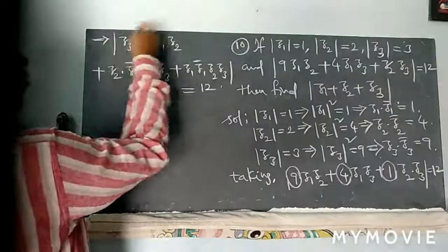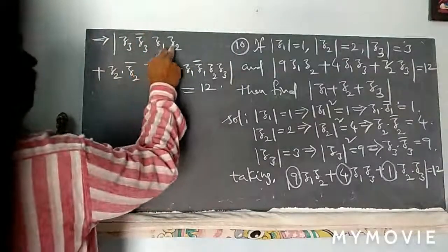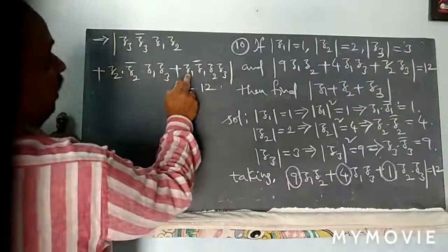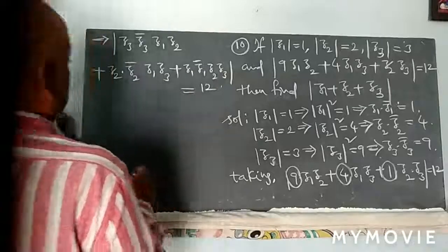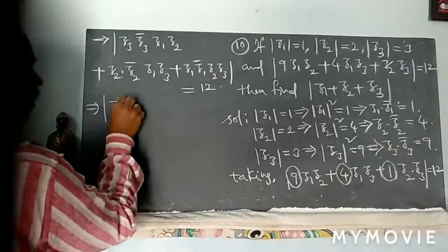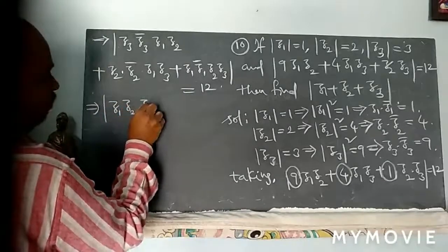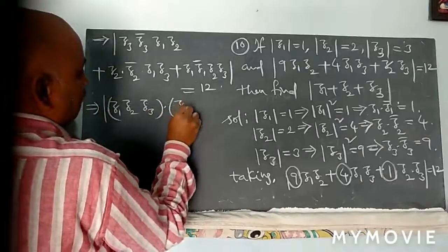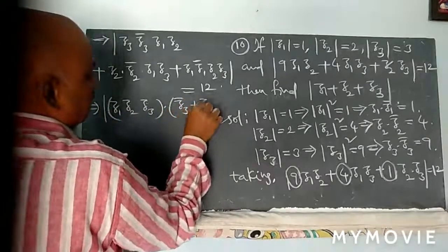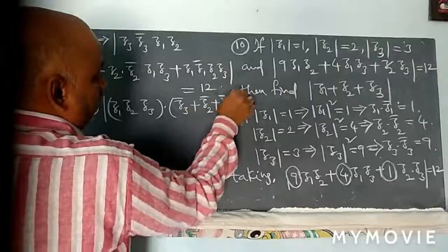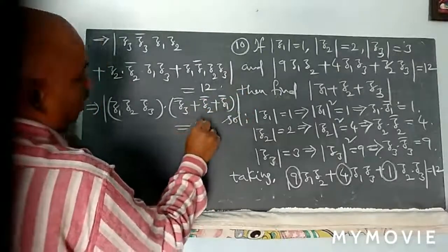On the left hand side, z1 z2 z3 is common. So this implies |z1 z2 z3| into (z3 bar + z2 bar + z1 bar) is equal to 12.